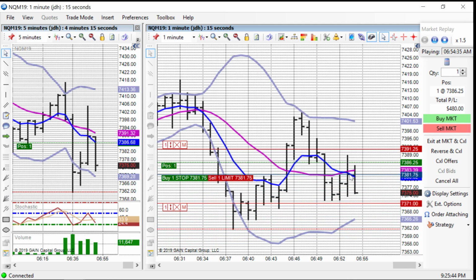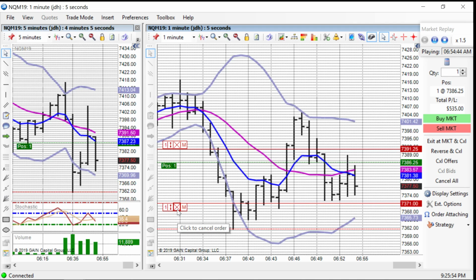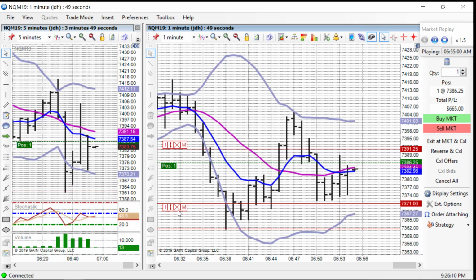But I jumped the gun because I knew what I did in reality and was trying to simulate it there. But yeah, that's not when I entered that trade. So sometimes knowing in advance is a bad thing, but I'll just leave it there for illustration.